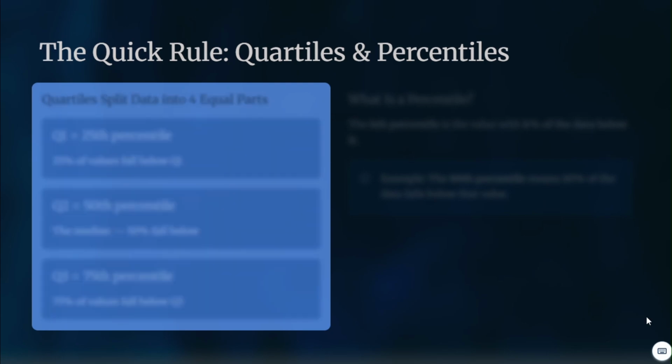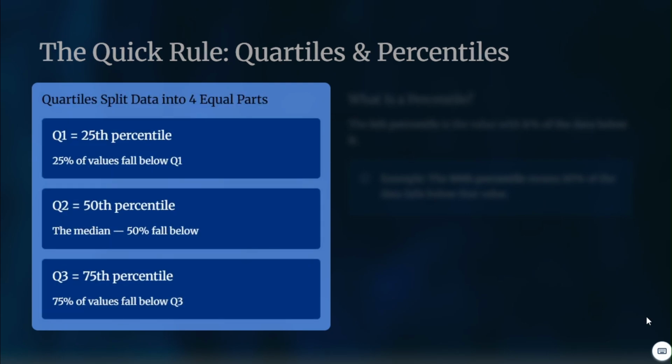Here's the quick rule. Quartiles split data into 4 equal parts. Q1 is the same as the 25th percentile, meaning 25% of values will fall below Q1, or what we call the first quartile. Q2, which is the second quartile, is the same as the 50th percentile, which is the same as the median.